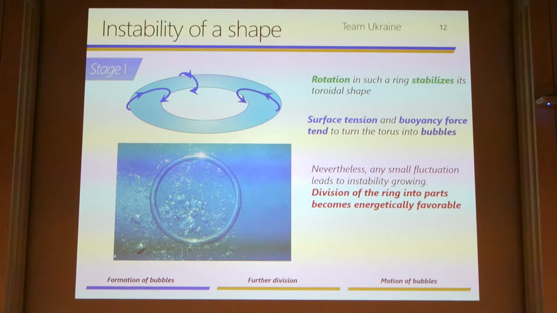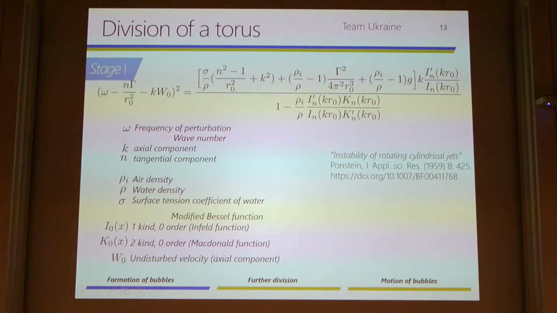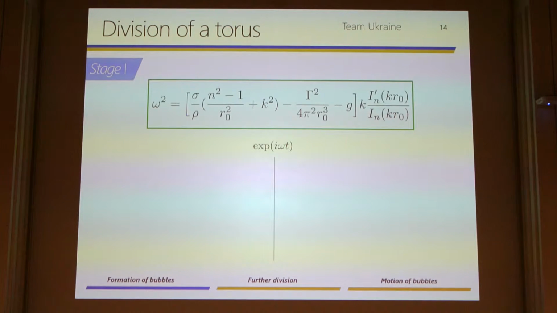To take it into account, we use a well-known dispersion equation. Applying this equation to our case and neglecting terms that can be neglected, we obtain the following effective dispersion equation.